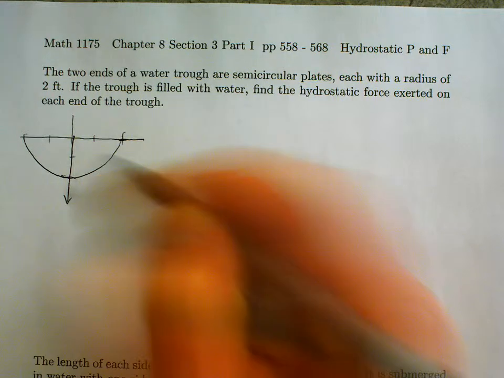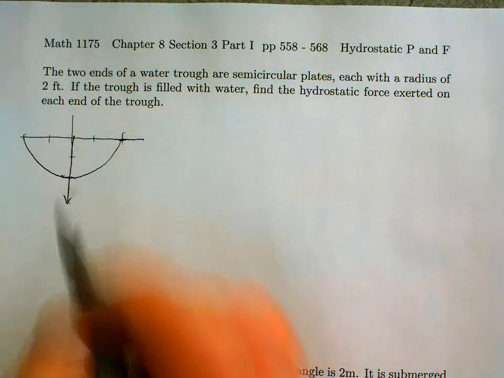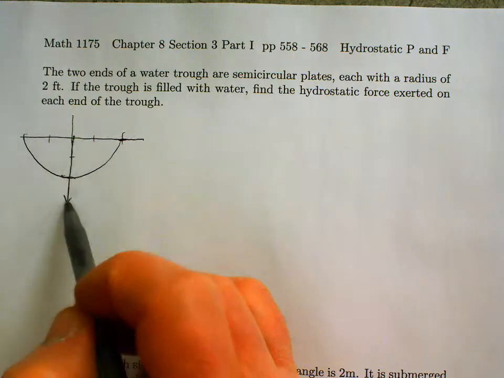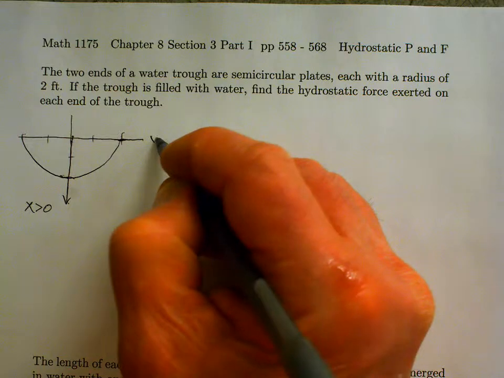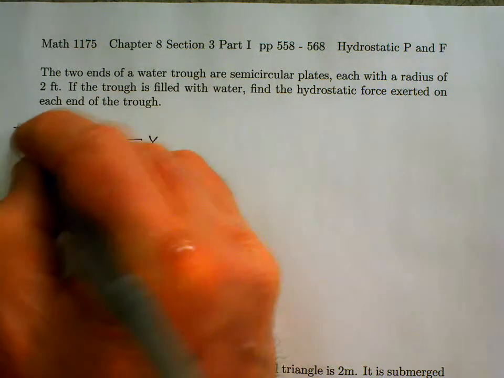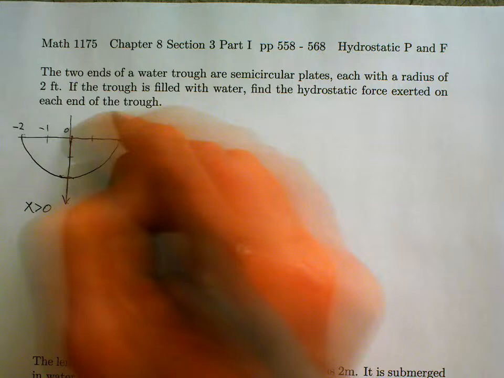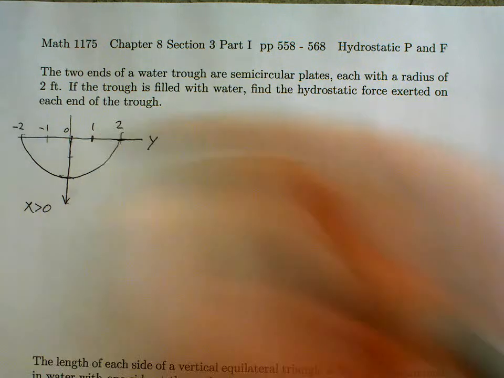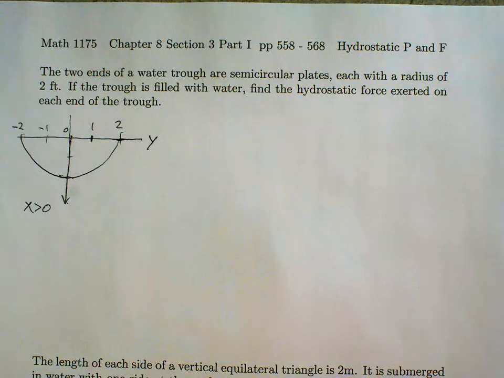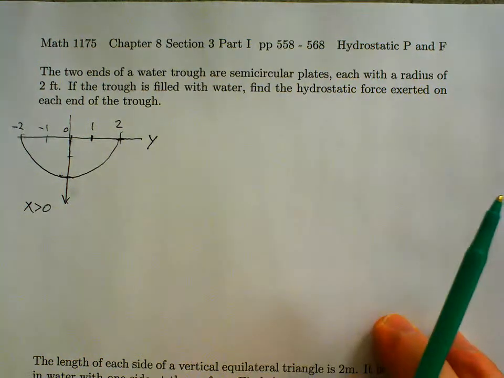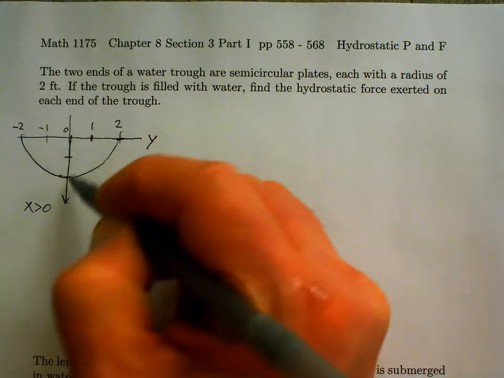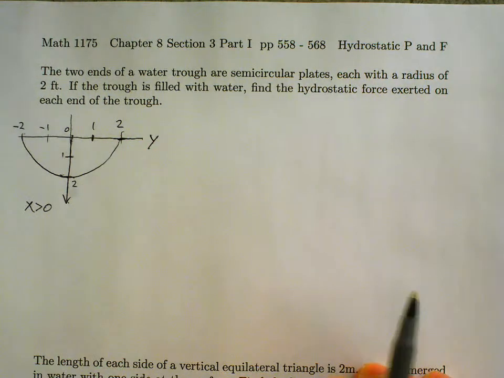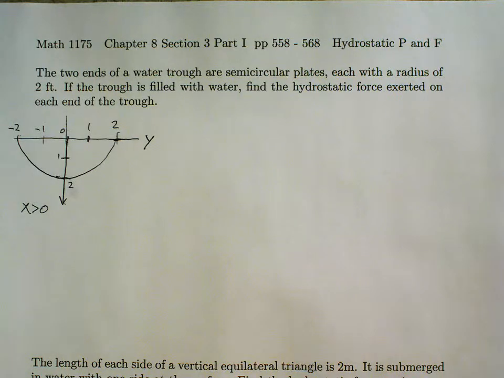So I still want the positive x-axis to be vertically downward, so x greater than 0. And the y-axis. Okay, along the x-axis between 0 and 2, we subdivide that interval from 0 to 2 into n subintervals.